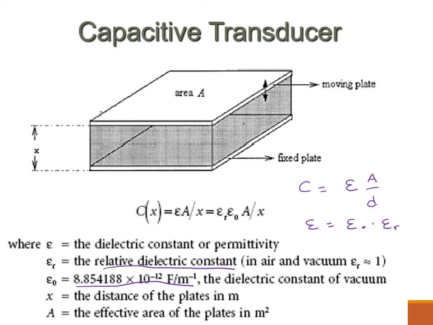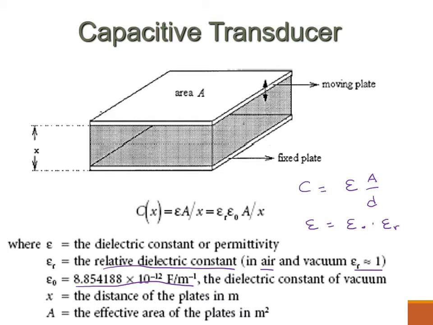For example here, if the material is vacuum or air, then the epsilon r value is 1. If the medium between the plates is a specific chemical, then it will have a specific epsilon r value. So the total epsilon is epsilon naught multiplied by epsilon r.